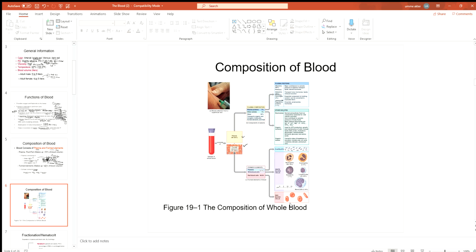Other solutes include electrolytes, nutrients, metabolic wastes, hormones. The other solutes only form 1% volume of plasma, and plasma proteins give about 7% volume, and 92% volume is given by what?